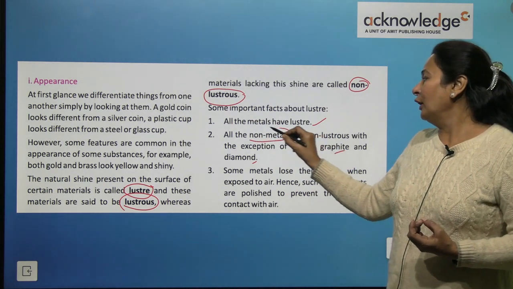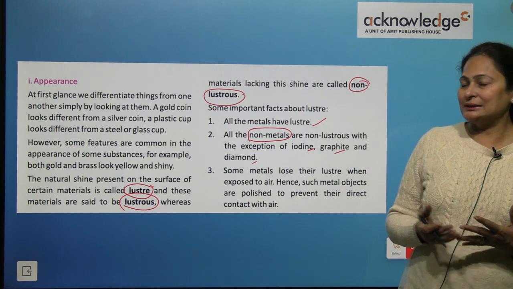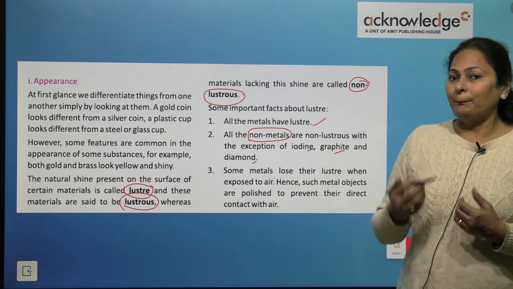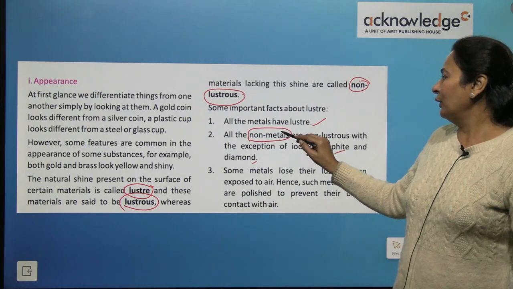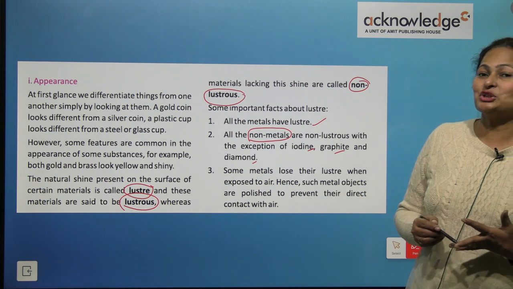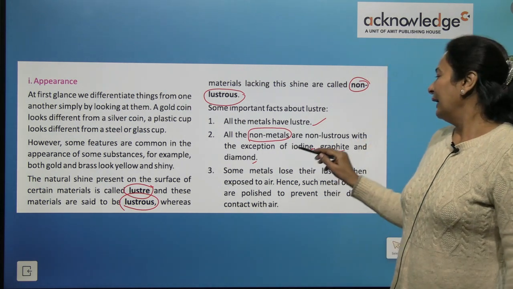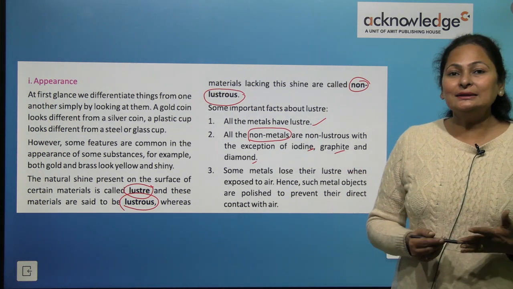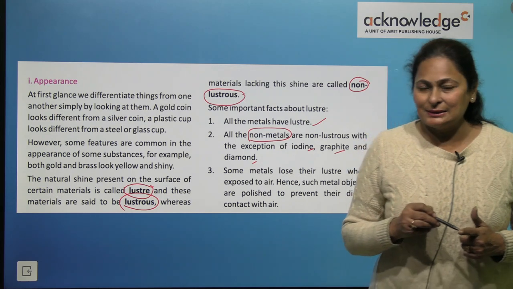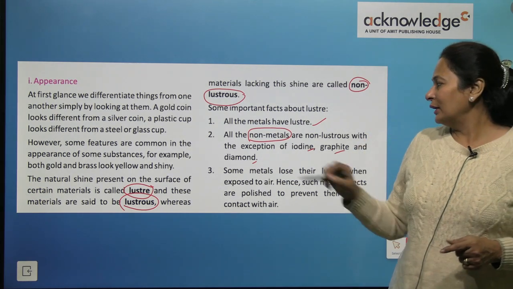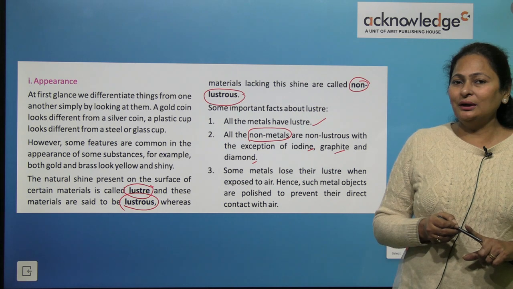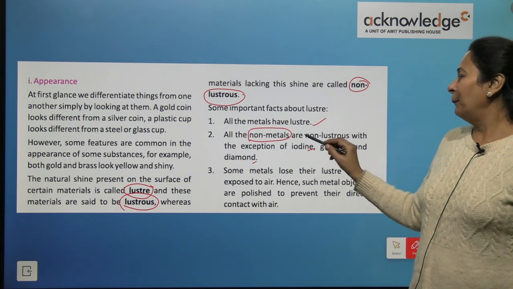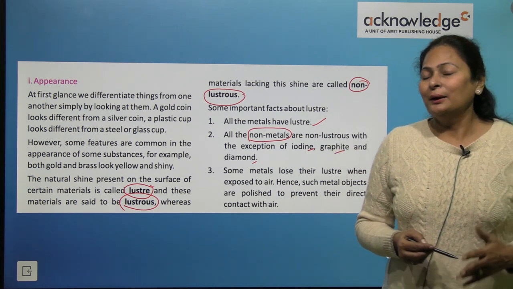They are non-metals. They are not metals. As we have discussed, all the metals have luster, right? But there are some non-metals that don't have luster, and these are iodine, graphite and diamond. Diamond has luster, but it is not a metal.